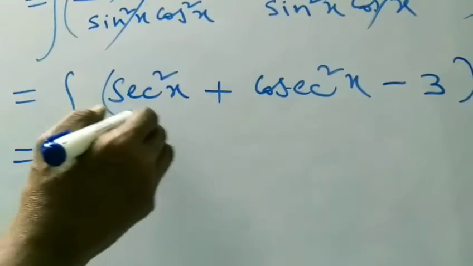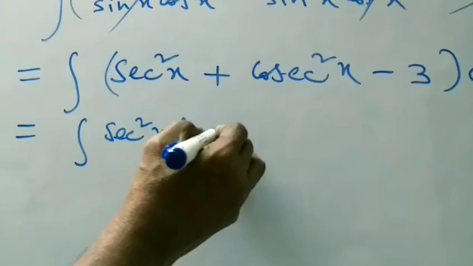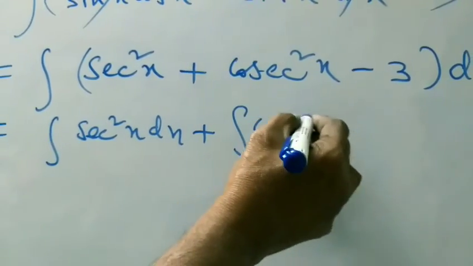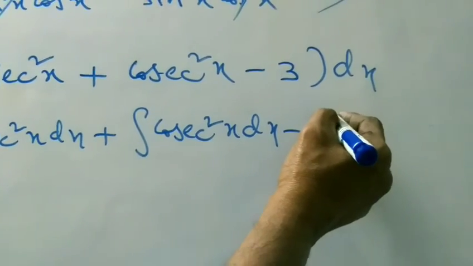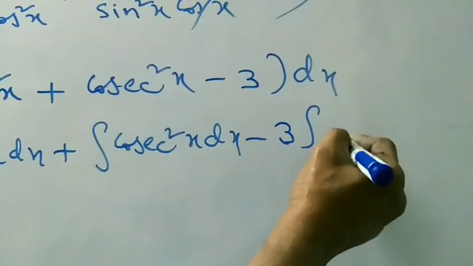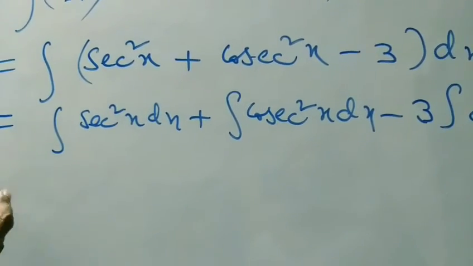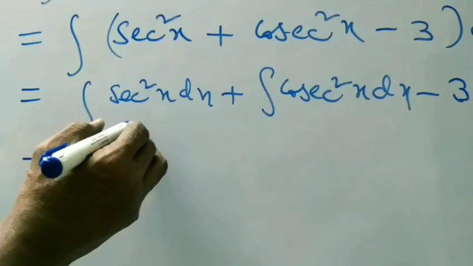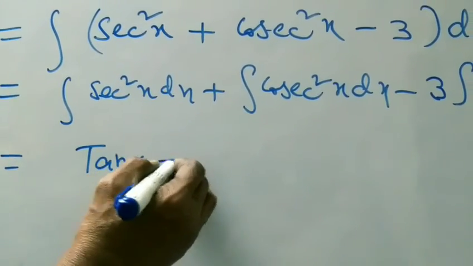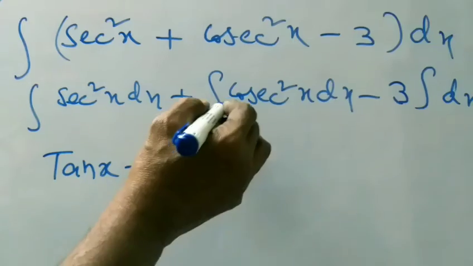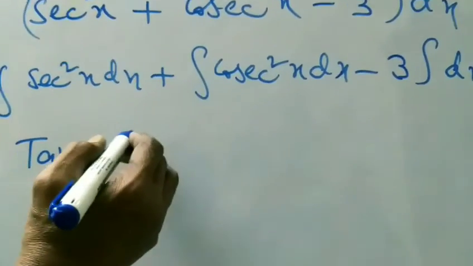We split into three terms: the integral of secant square x dx plus the integral of cosec square x dx minus 3 into the integral of dx. So the integral of secant square x dx is equal to tan x. This is a formula. The integral of cosec square x dx is equal to minus cot x.